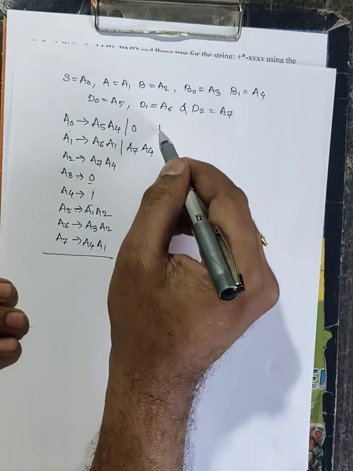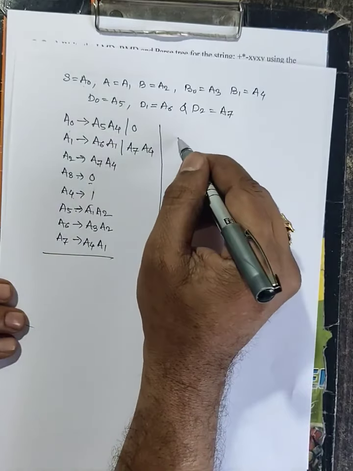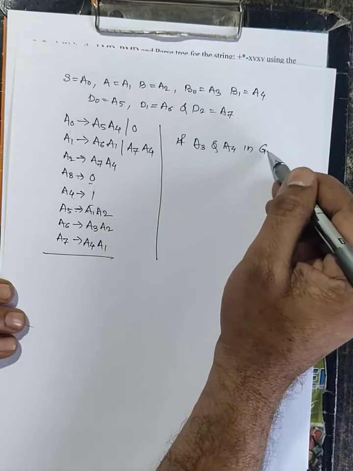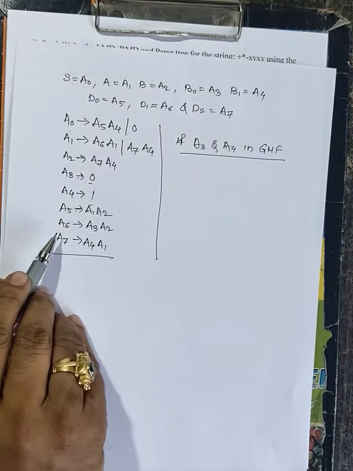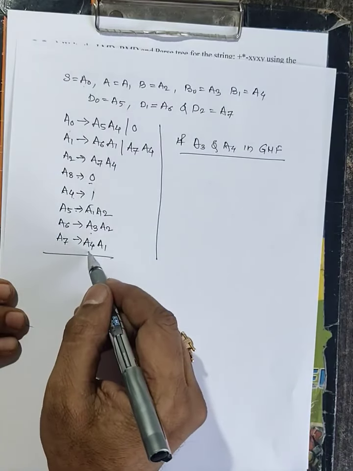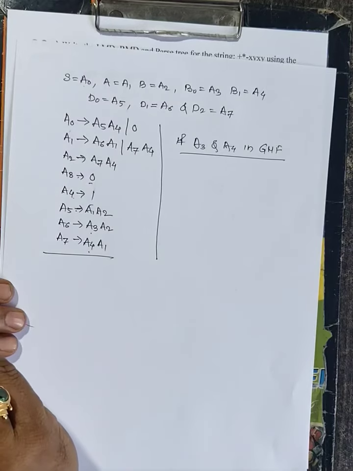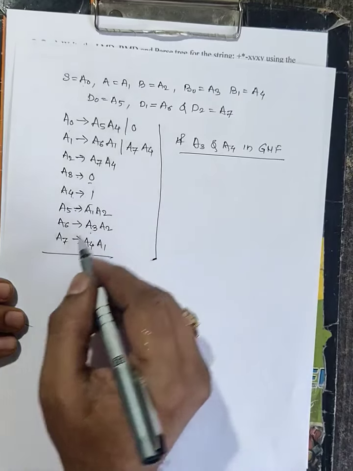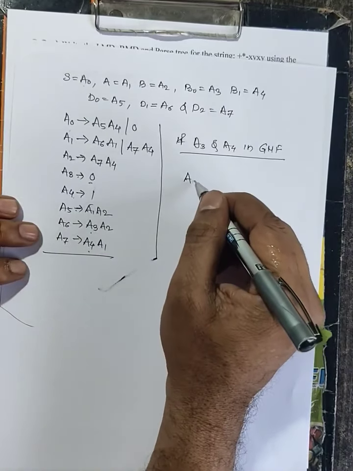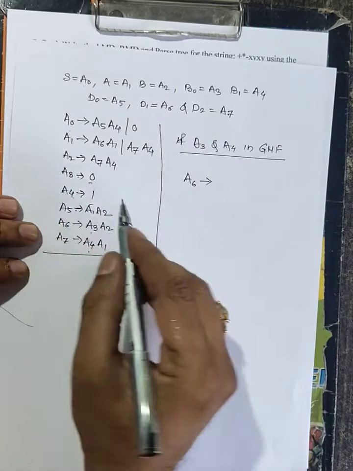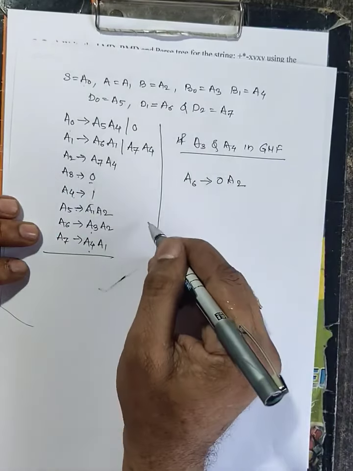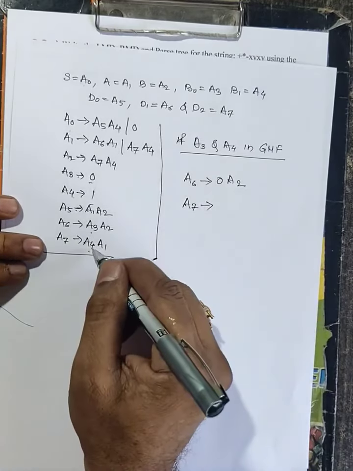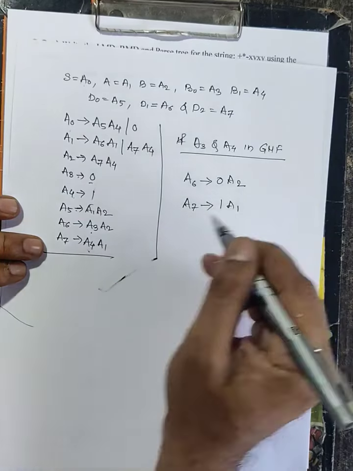Only A3 and A4 are in GNF; they are okay. So we can convert A6 and A7 into GNF. A6 produces A3 A2, meaning 0 A2, and A7 produces A4 A1, meaning 1 A1.